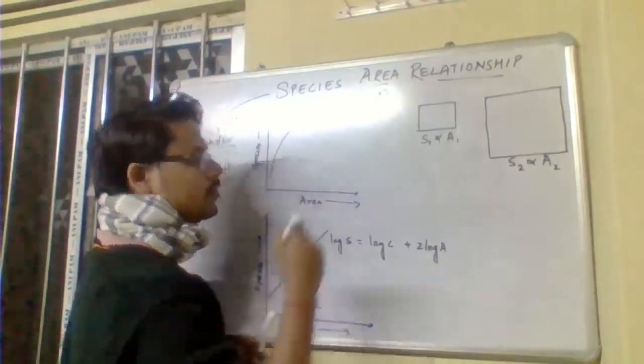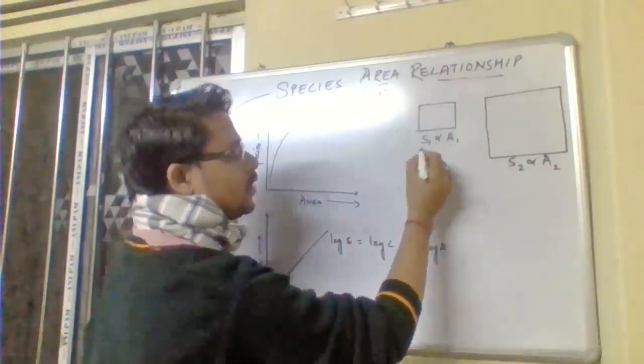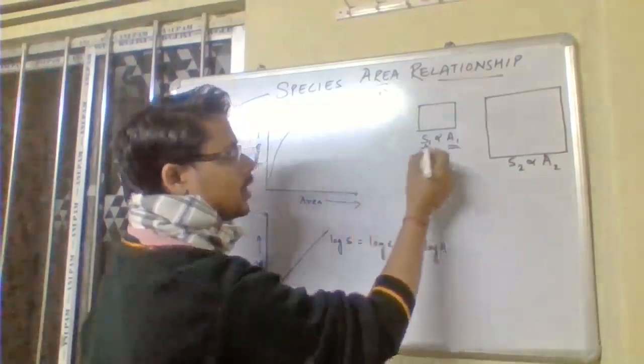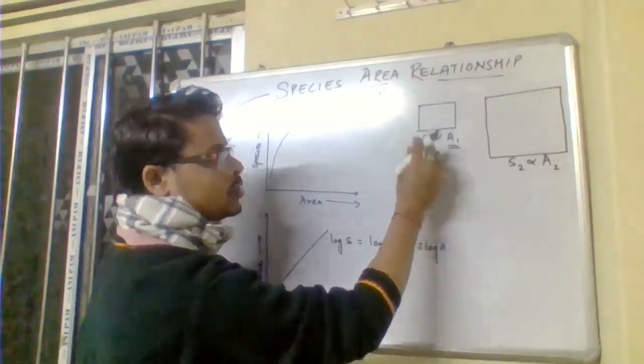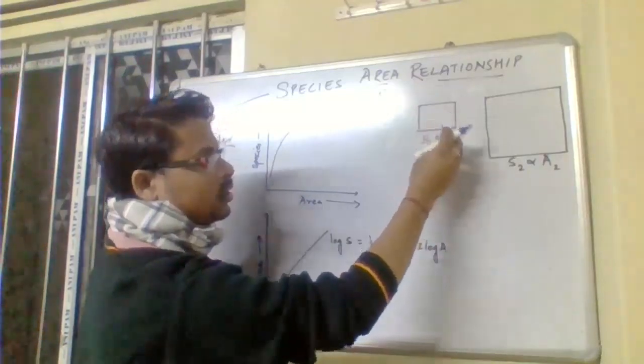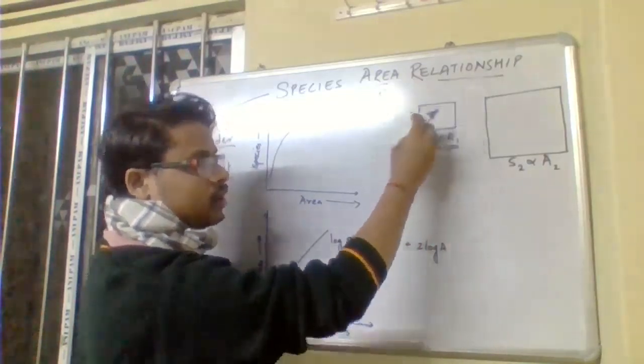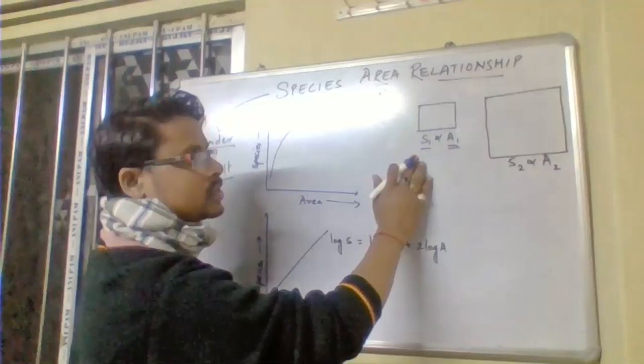If we compare particular areas, if this area is referred to as A1 and the species present in this area is referred to as S1, then whatever the area is, that much it will be directly proportional to the S.